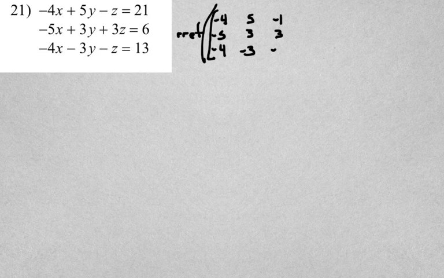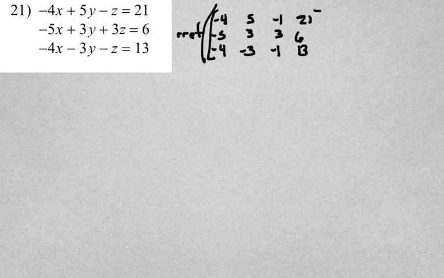And so, open the parenthesis, the matrices: negative 4, negative 5, negative 4, 5, 3, negative 3, negative 1, 3, negative 1, and 21, 6, 13. Close my matrices and close my parenthesis.